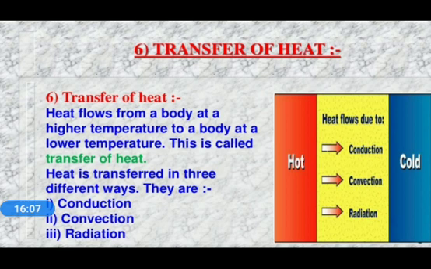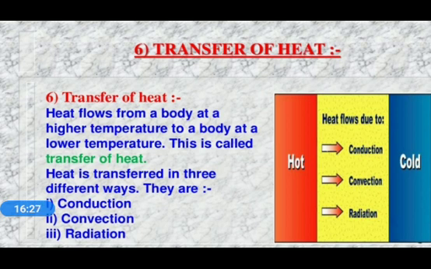Heat is transferred in three different ways. They are conduction, convection, and radiation. You can also see in the picture that hot is denoted by the red color and cold is denoted by the blue color.